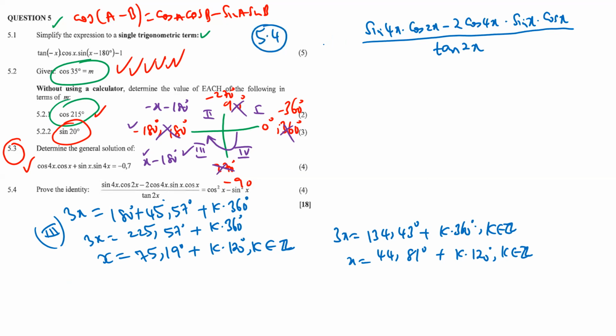Which means you have the left-hand side. So you can start by saying the solution: let the left-hand side be sine 4x cosine 2x minus 2 cosine 4x sine x cosine x, divided by the tangent of 2x.